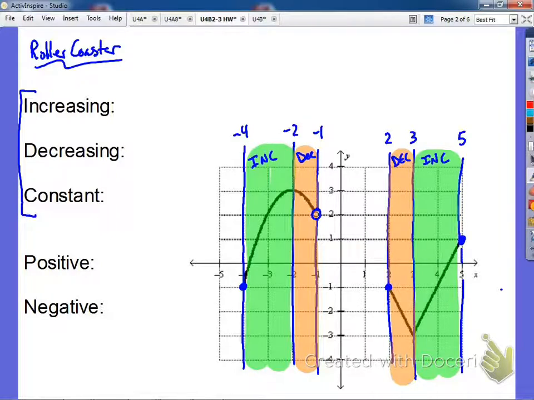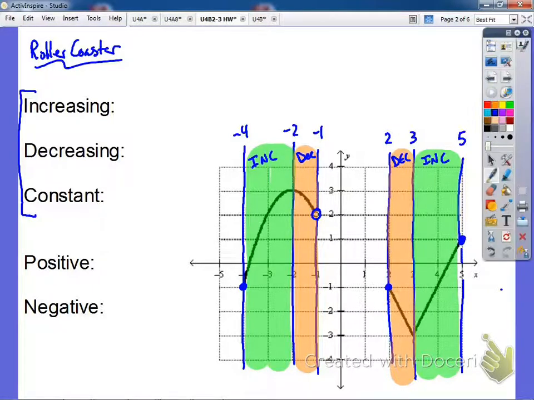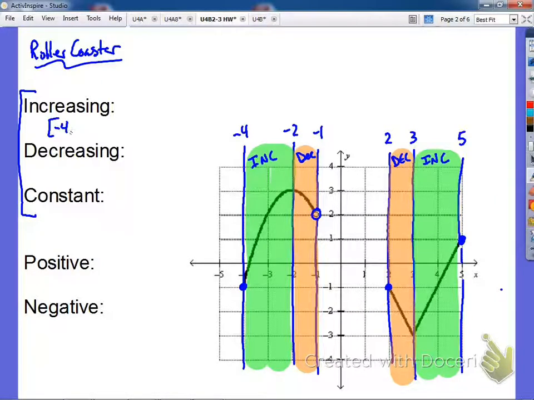All right? Now, we're going to use this information to write down our intervals of increasing or decreasing, or where it's constant. All right. Okay, so the roller coaster, it's increasing on the interval -4 to -2.